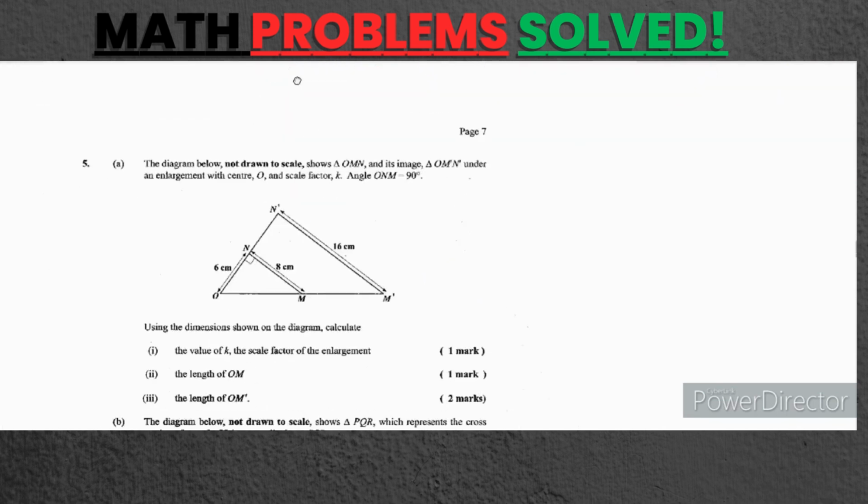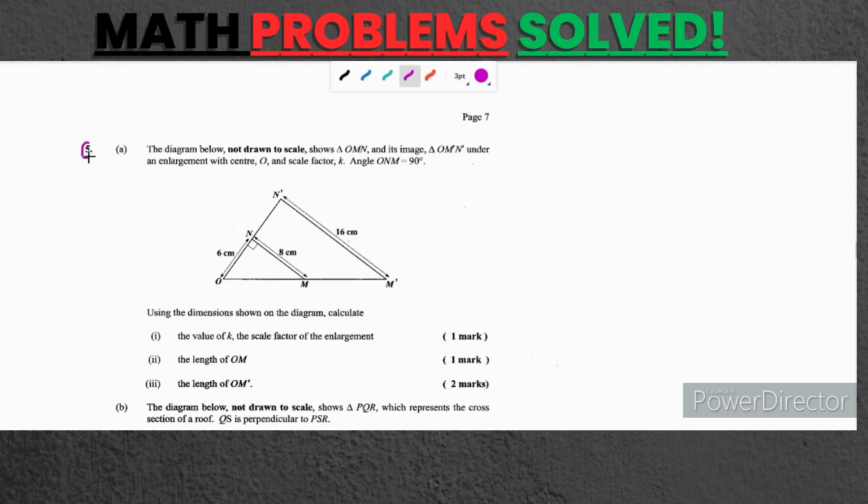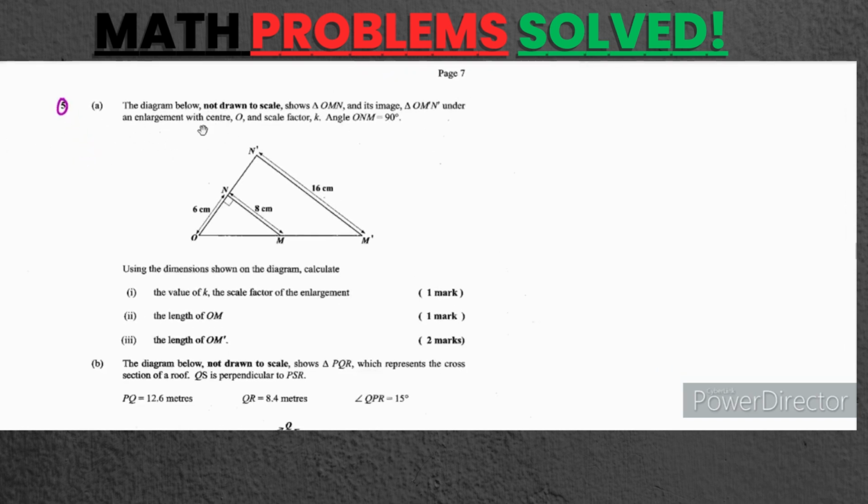Then we will see the next question here. The diagram below, not drawn to scale, shows triangle OMN. So here we have been given a triangle OMN, and OMN is this similar triangle.